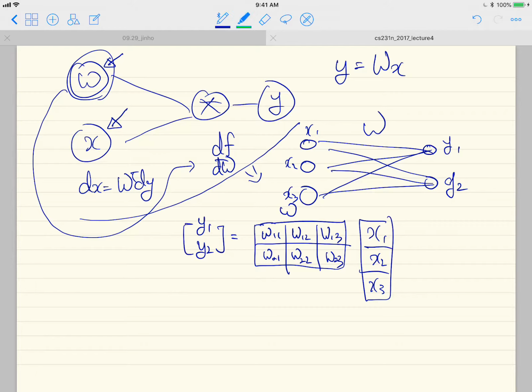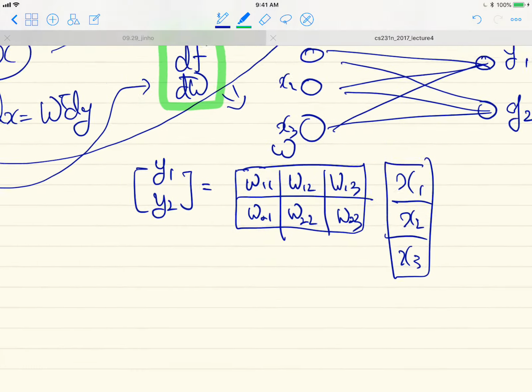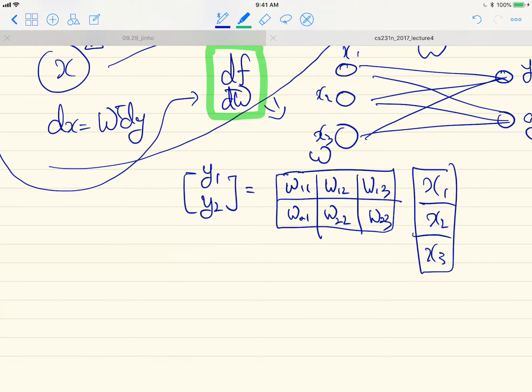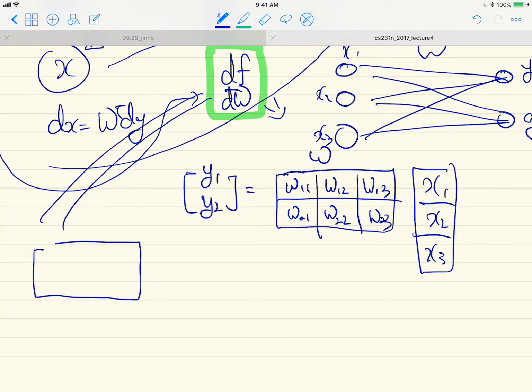We want to obtain df over dw, and that part still has the same shape of a 2 by 3 matrix. Each element in this part will be dw11, dw12, dw13, and so on.